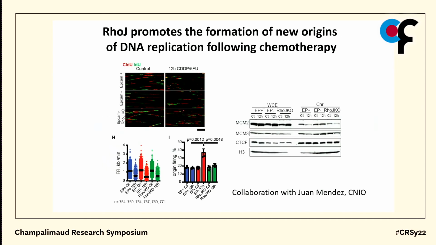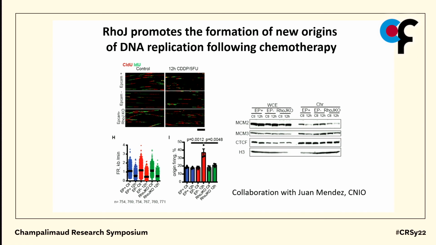And so to understand why, we teamed up with Juan Mendez, who is one of the world specialists in the origin of replication at the CNIO. And what Juan and his postdoc did was measure the rapidity of the replication fork and the amount of replication that occurs in the different conditions: epithelial, mesenchymal, or Rho-G knockout mesenchymal.